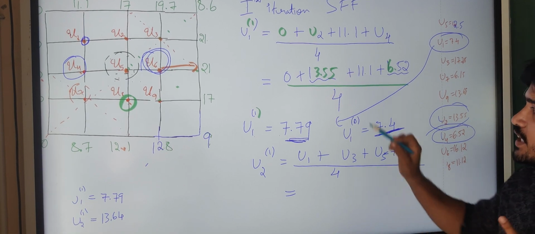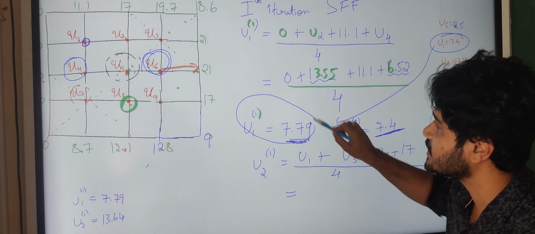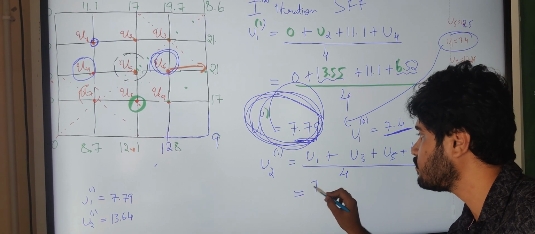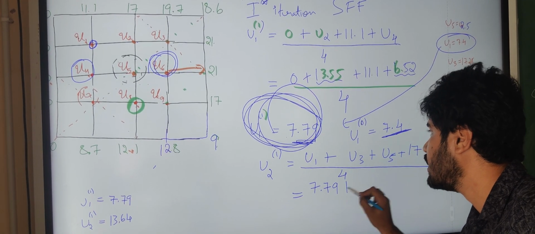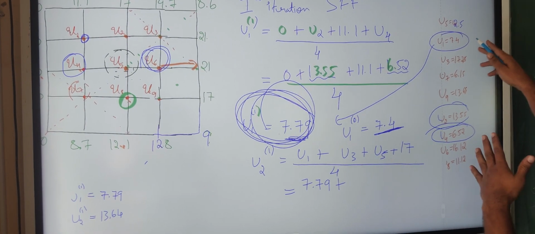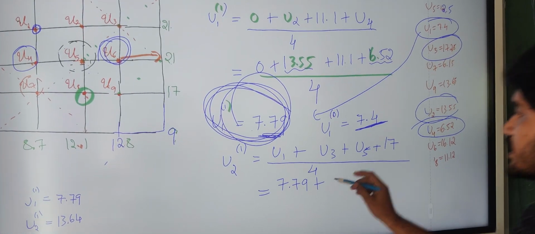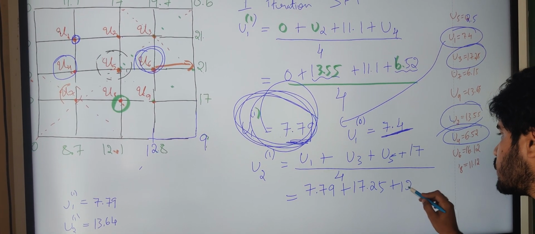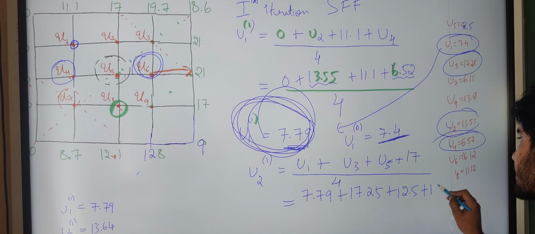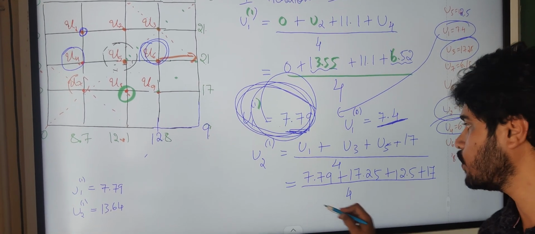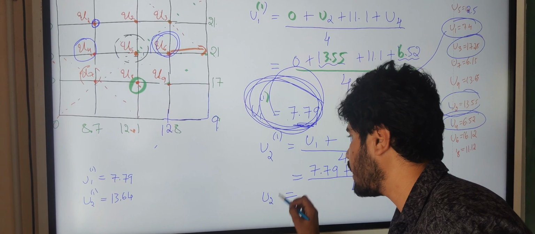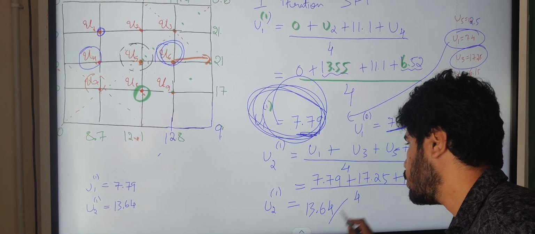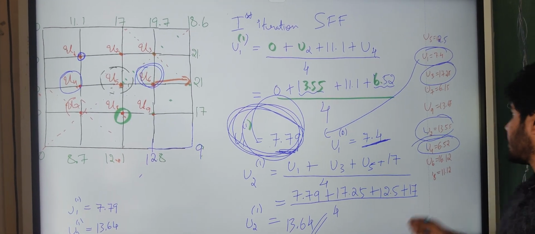I have to substitute the latest value, that is 7.79, plus u3. I have only one value for u3 till now, that is 17.25, and for u5 also only one value, that is 12.5, and the remaining is 17. Divide this by 4. You will get the first iteration value of u2 as 13.64.